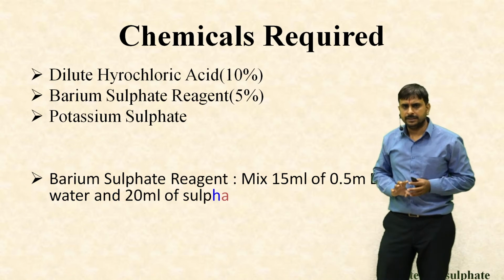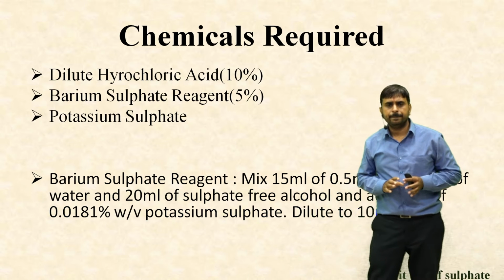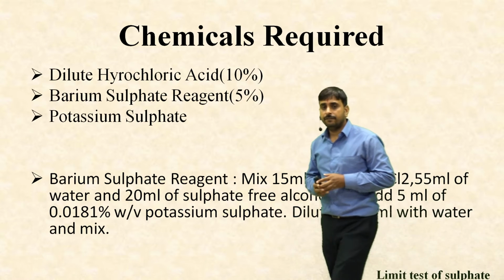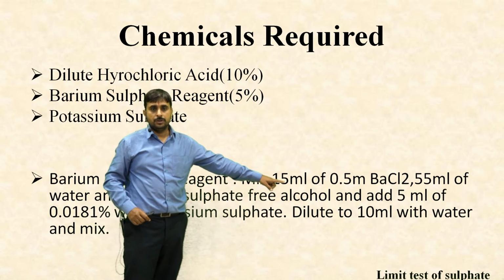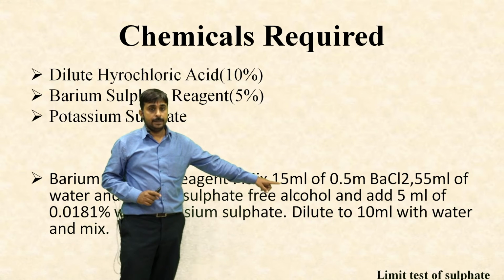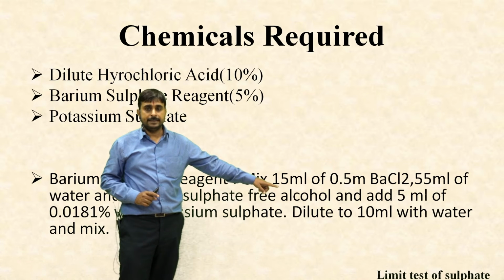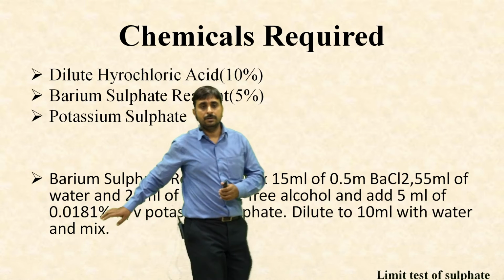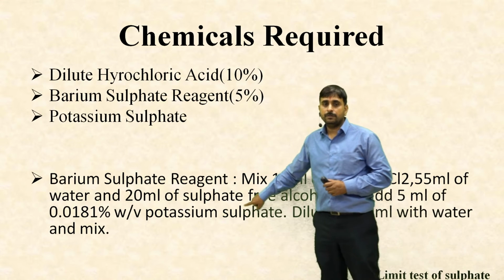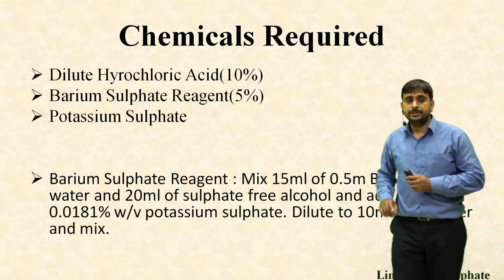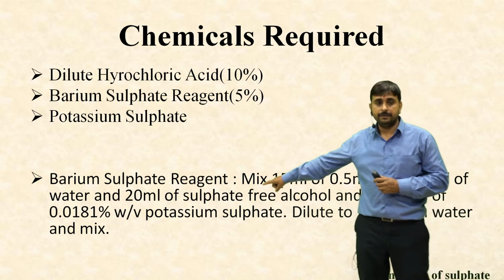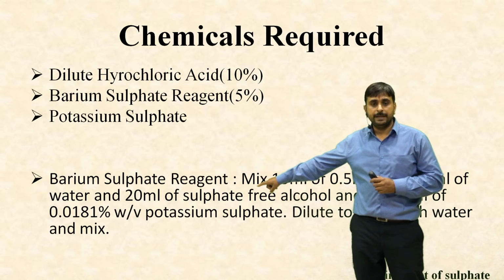Barium sulfate reagent is prepared by mixing 15 ml of 0.5 M BaCl2, barium chloride, with 55 ml of water, 20 ml of sulfate free ethanol, and 0.0181% weight by volume potassium sulfate.